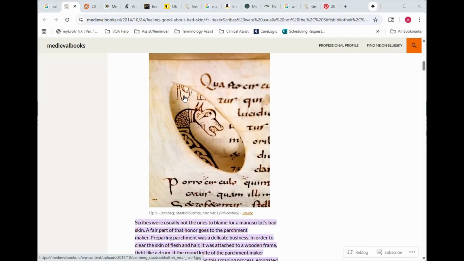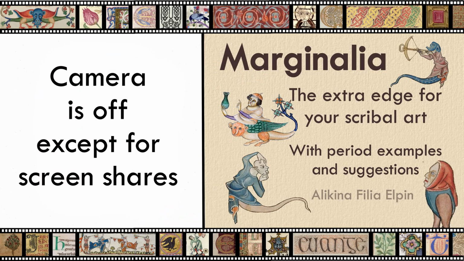And they ran with it and made it this little peekaboo. So you've got this kind of 2-for-1 illumination with the dragon from the next page showing through that hole. There are other ways that holes were mended, including with embroidery thread, and that is outside the scope of today's class. But yes, taking those flaws and using them to your advantage is another way that marginalia was used.